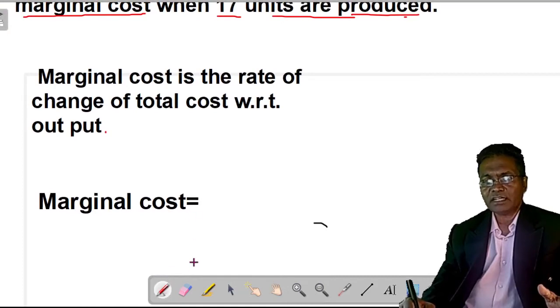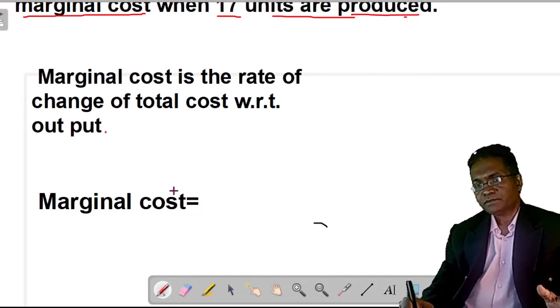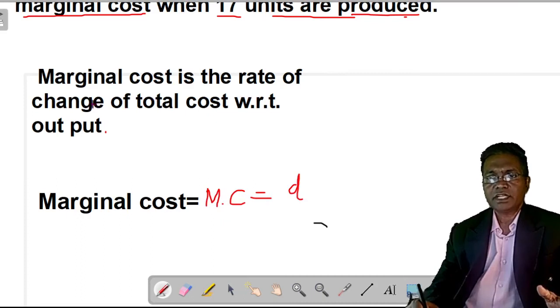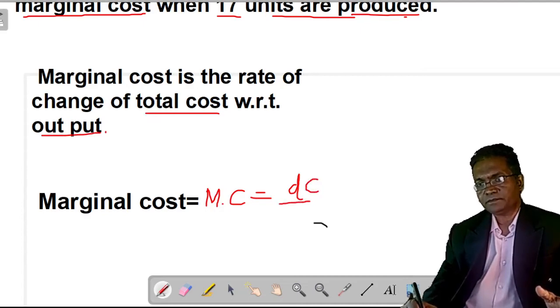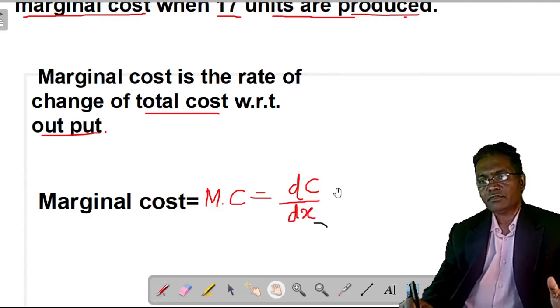So marginal cost you can write as the rate of change of total cost with respect to output. Total cost is your C and output is the number of items, that is x. You need to find this.